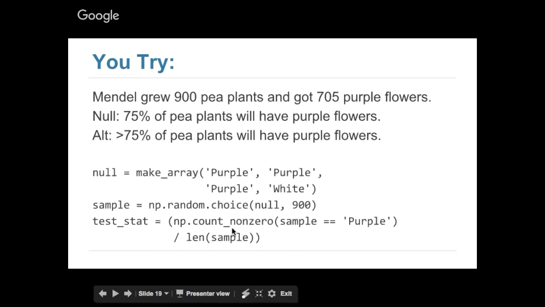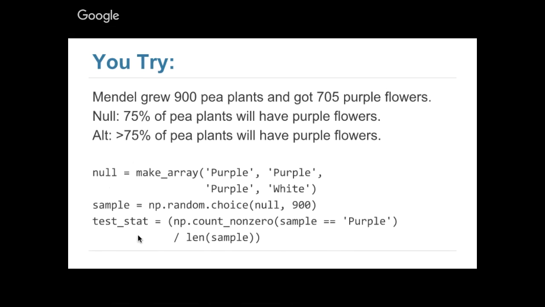The proportion of purple flowers in a sample, assuming the null is true, is one test statistic for my null hypothesis. I do this a bunch of times and compute the distribution. From the distribution of my test statistics, I can compute an empirical p-value for this hypothesis test.